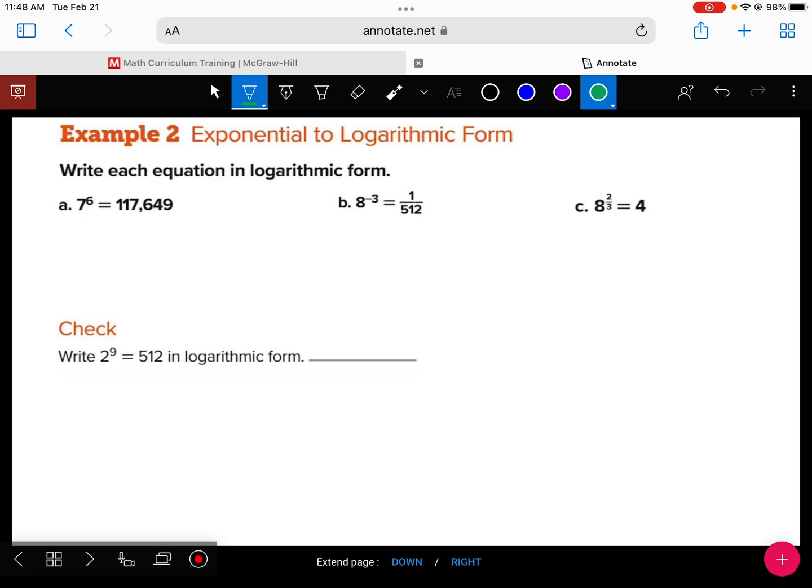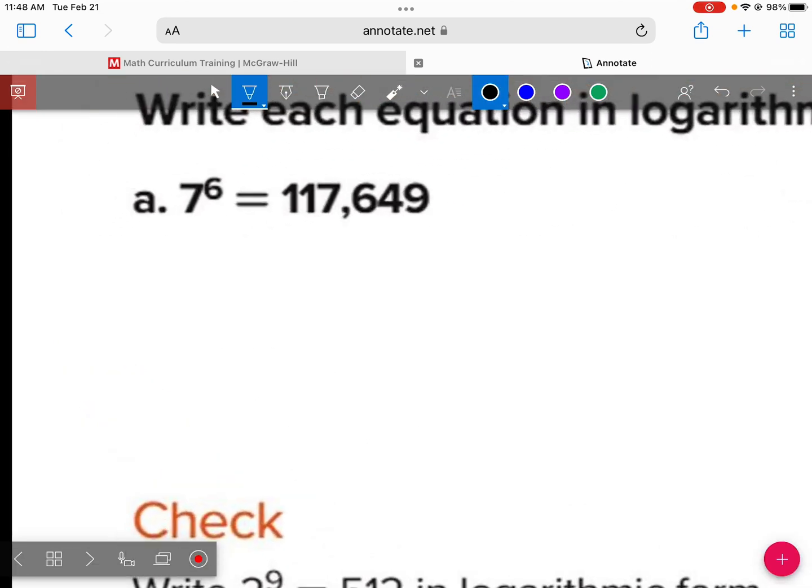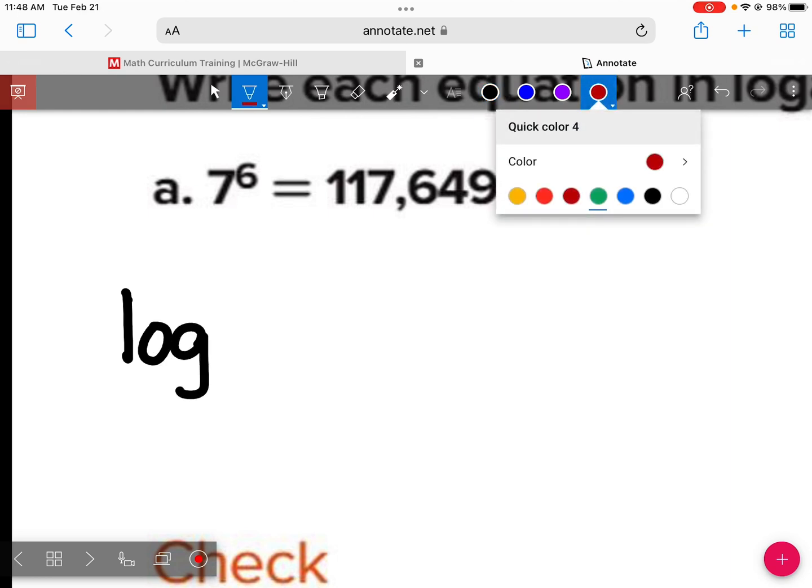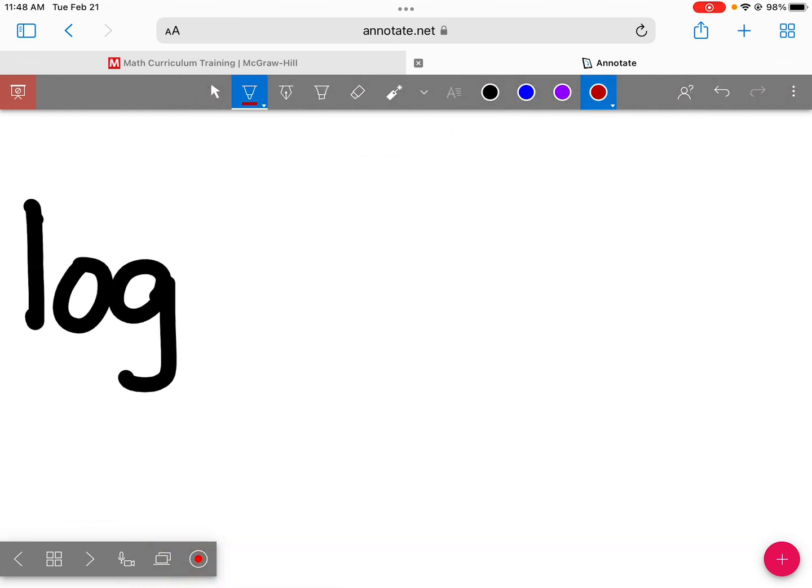I know it's not logarithmic form because they don't have log. If I'm going to write this in logarithmic form, what do I have to start with? Log. What would come after that? 7. Like this? Down. Like this?